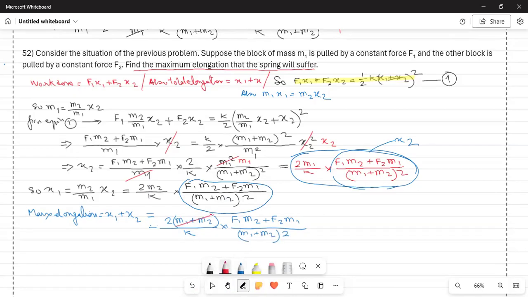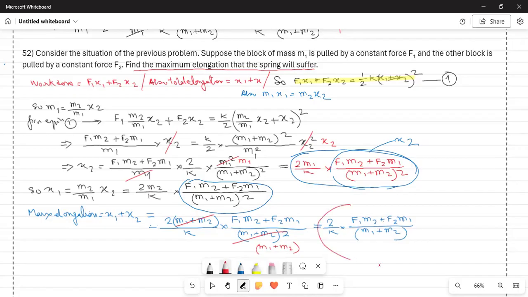Now this m1 plus m2 and m1 plus m2 whole square get cancelled and I am left with only m1 plus m2. So the answer is 2 by k multiplied by F1 m2 plus F2 m1 divided by m1 plus m2.